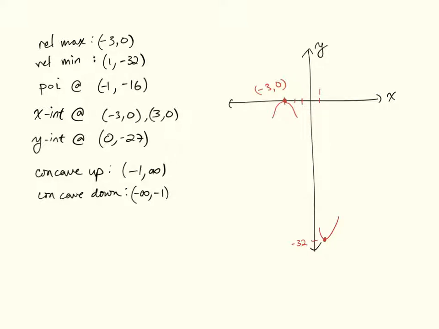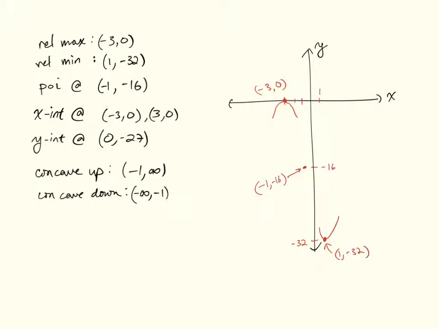Let's see what's next. The point of inflection is at (-1, -16), so maybe about right here. That point, (-1, -16). And while I'm at it, let me label this point. This is (1, -32). The last couple things we need to label are the x-intercepts.